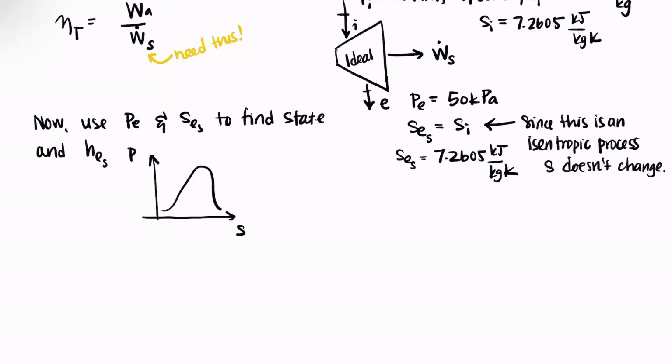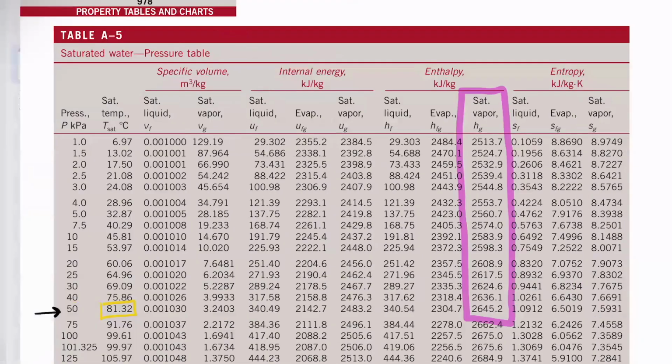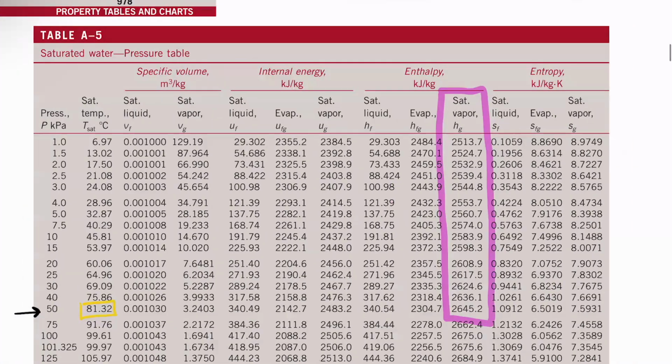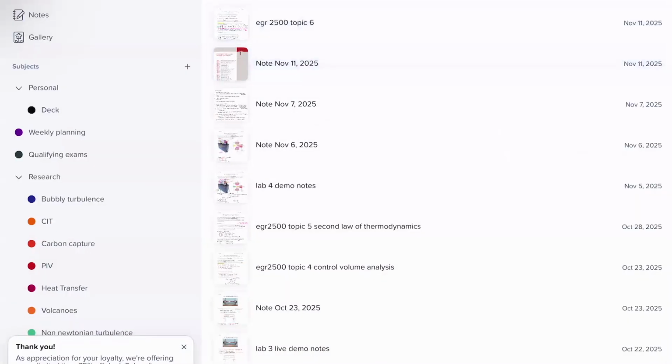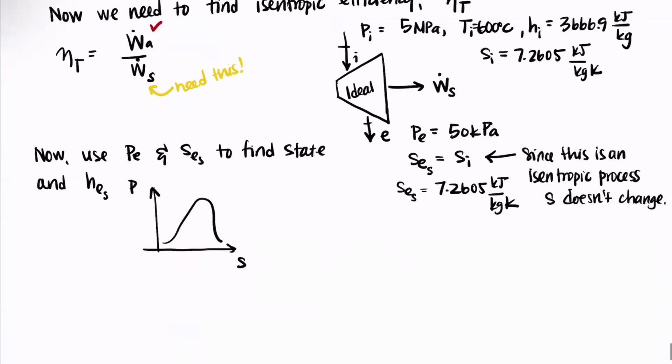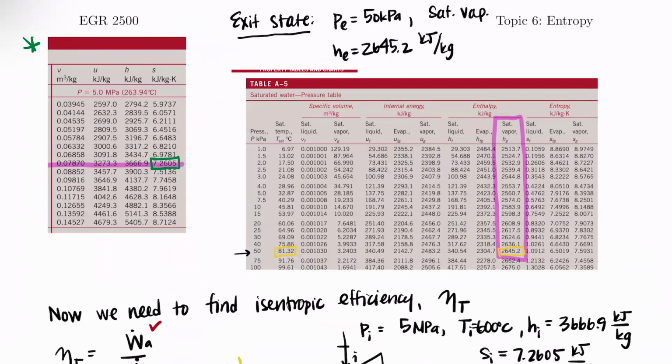Okay, so let's go back to our pressure table. We're still at 50 kPa, so we're still at that bottom row here.